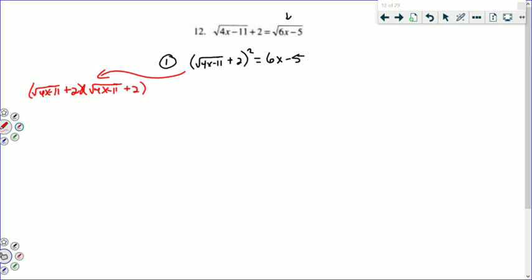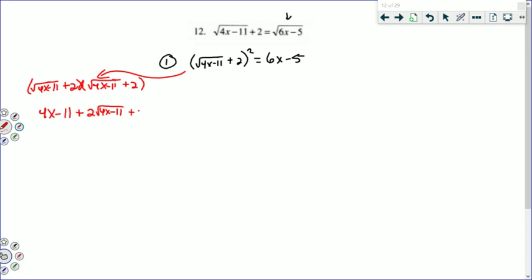Okay, so this term times this term, you're going to effectively square it, so the square root's just going to go away. So we have 4x minus 11. Then this term times this term, so that is plus 2 times the square root of 4x minus 11. Then we have this 2 and this square root of 4x minus 11.